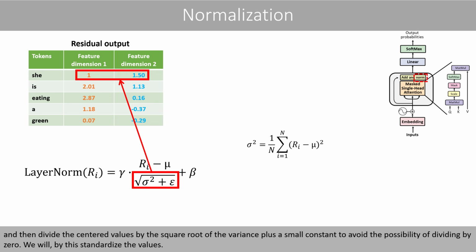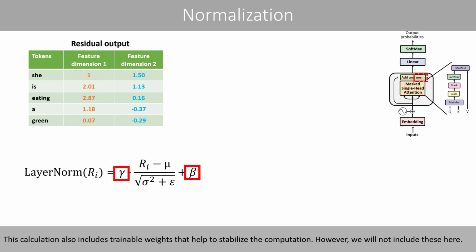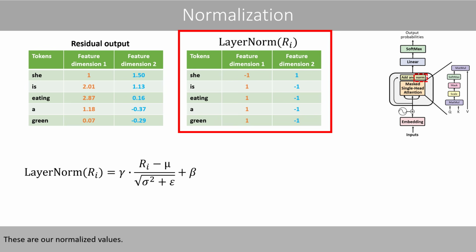We will by this standardize the values. This calculation also includes trainable weights that help to stabilize the computation. However, we will not include these here. These are our normalized values.